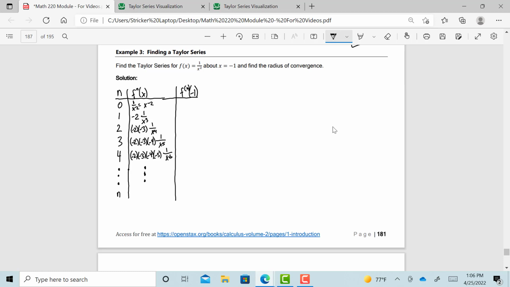That's just going to be 1 over 1, which is 1. And then when we plug in -1 to the next one, we have -2 over -1 cubed. So that's actually 4 negatives. It's still going to be positive, but we're going to have a +2.